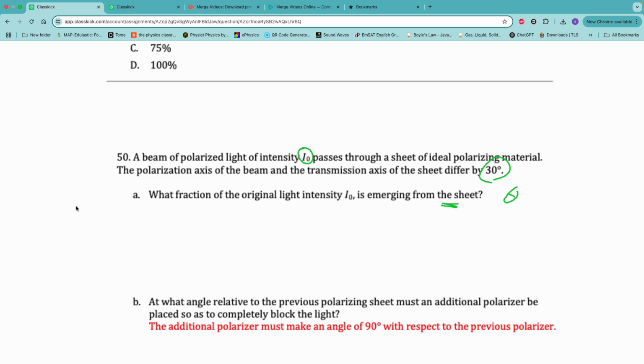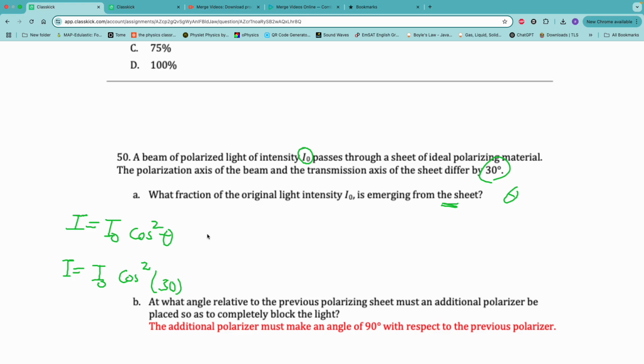So mainly we know that the intensity transmitted is equal to the original intensity times cosine squared theta. We don't have numbers, we need to calculate this. Original intensity, keep it as it is. Now cosine squared, our angle is theta. How to enter this?